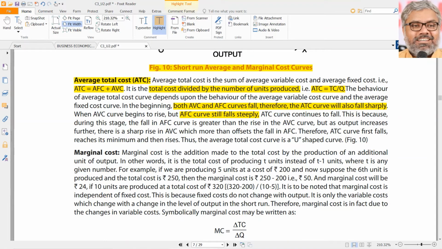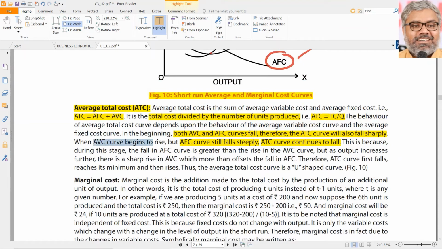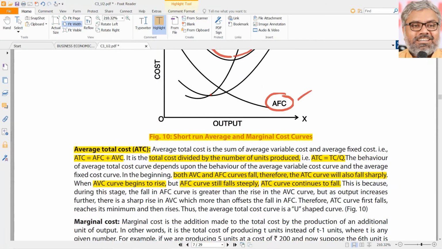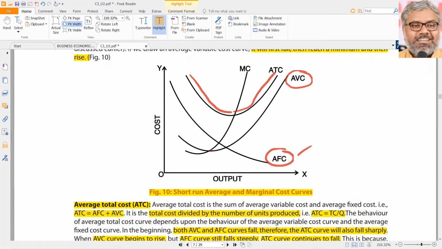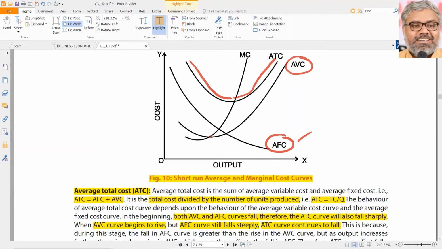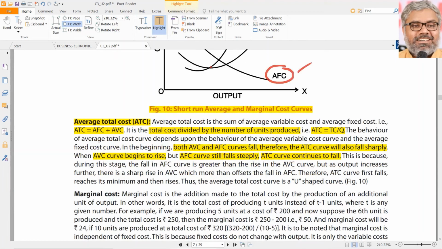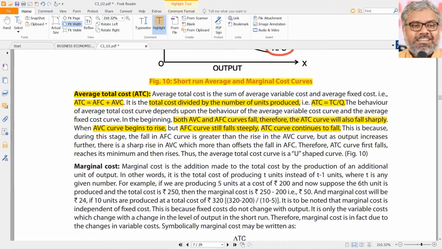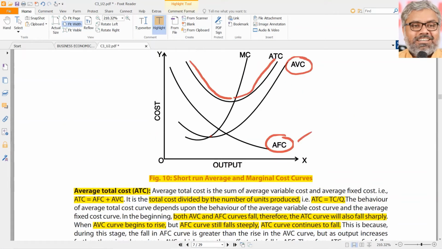It will continue to fall because of average fixed cost. So on one hand, the average variable cost curve started to rise, but even then, because average fixed cost is still going down, average total cost is also still continuing to go down. That is happening even after the average variable cost started increasing.